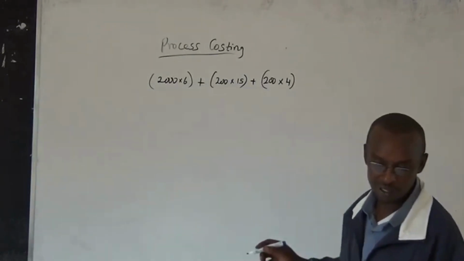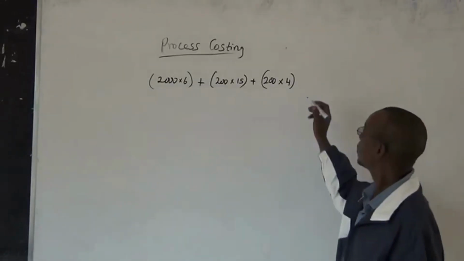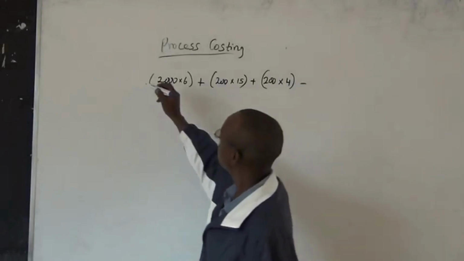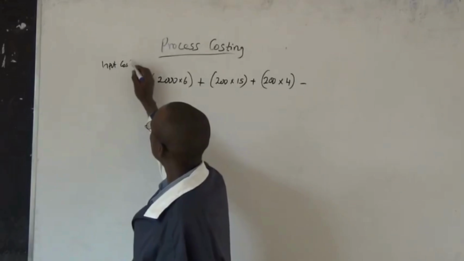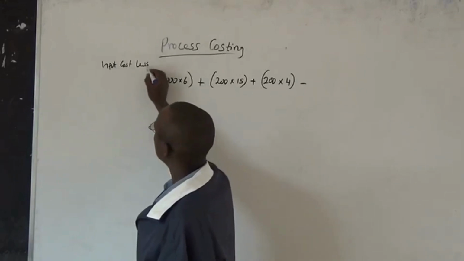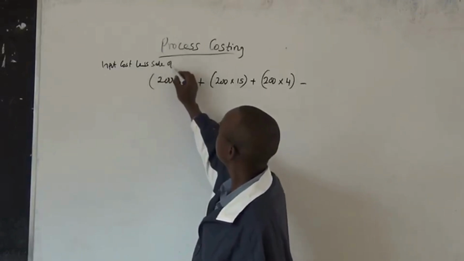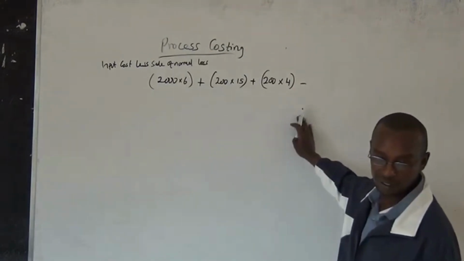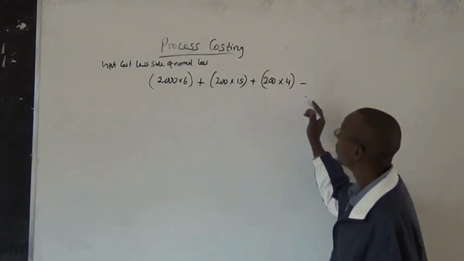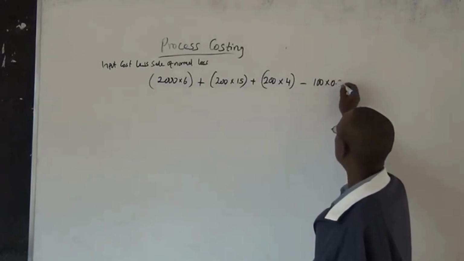Then we minus, so this one we call input costs less sale of normal loss. This is materials, labor, overheads, minus 100 times 0.9.